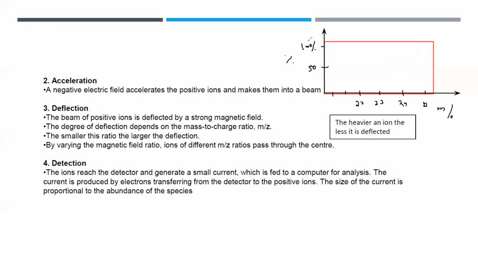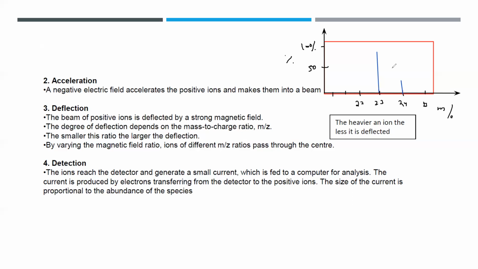So what we see is, if we are getting two peaks, the number of peaks decides the number of isotopes. So if we are getting two peaks, it shows we have two isotopes. The number of peaks in a mass spectrum for an element represents the number of isotopes.